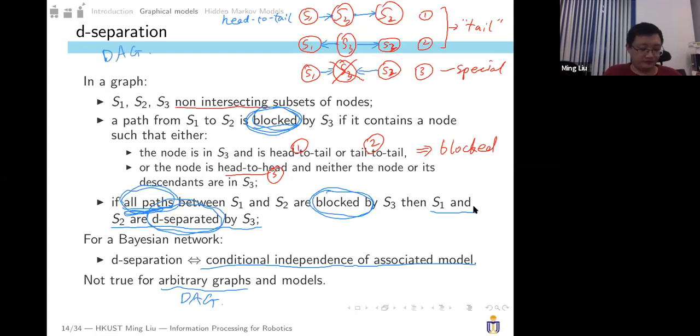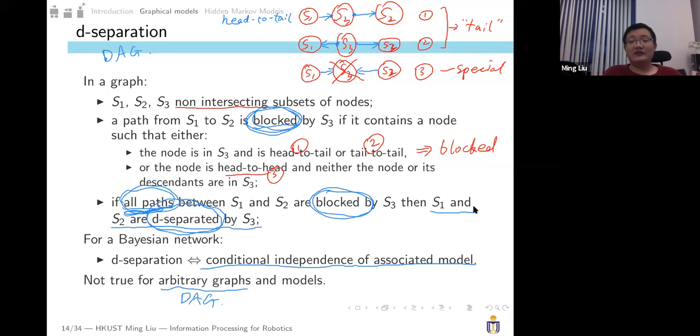So by knowing this, the problem becomes clear. You should know two concepts. One concept is called blocked. What is blocked? If you see a tail along the path, then this path is blocked. This is clear.